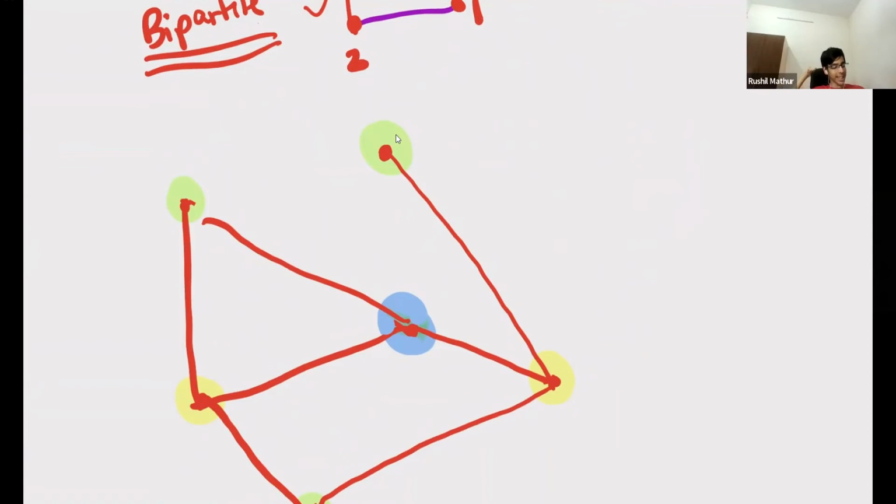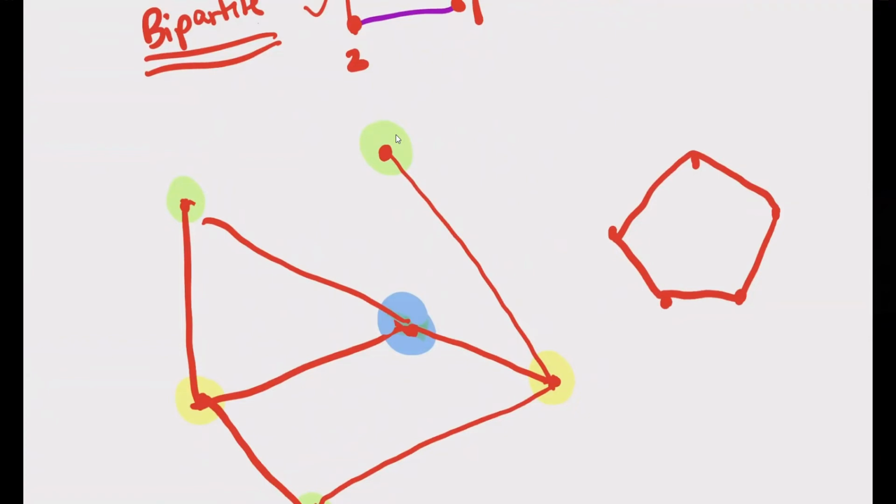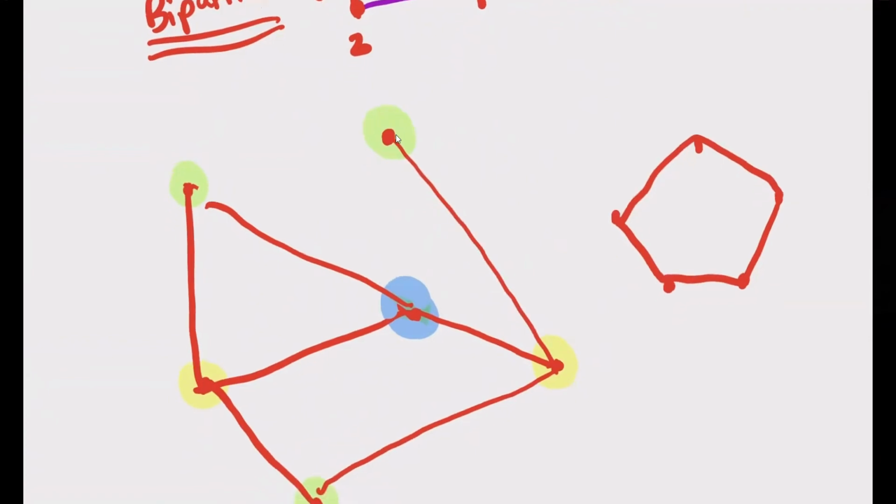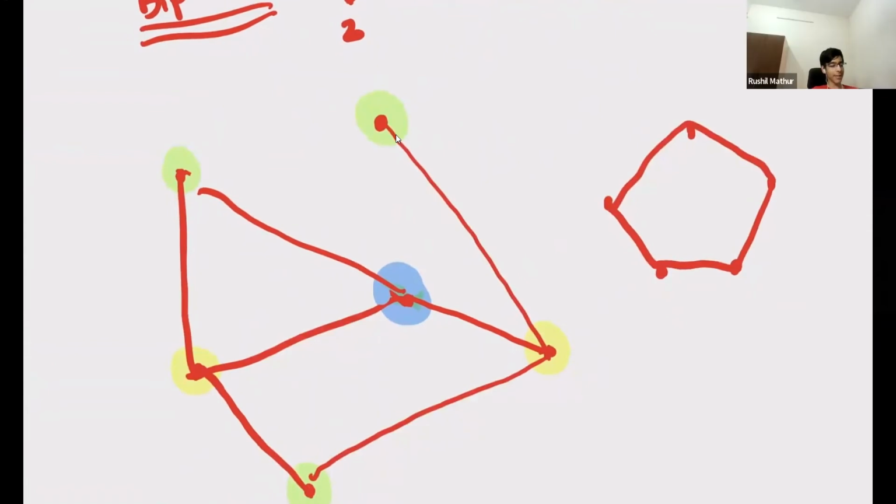I'll give you an example for even bipartite itself. Let's say we just do this. This graph has no K3, which is the complete graph on 3 vertices, but still you can't color it with 2 colors. You still need 3 colors because it has an odd cycle.